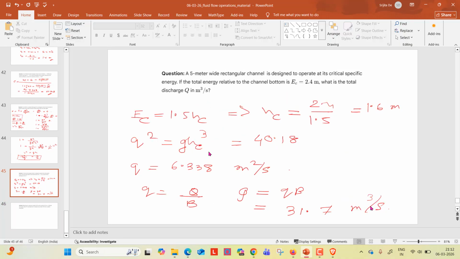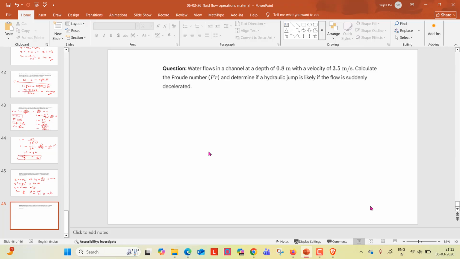Water flows in a channel at a depth of 0.8 meter with a velocity of 3.5 meter per second. Calculate the Froude number and determine if a hydraulic jump is likely if the flow is suddenly decelerated. So traveling wave. So this is the traveling wave velocity.